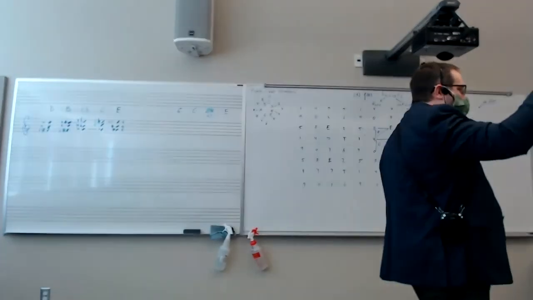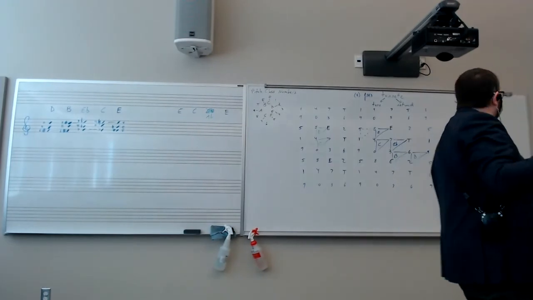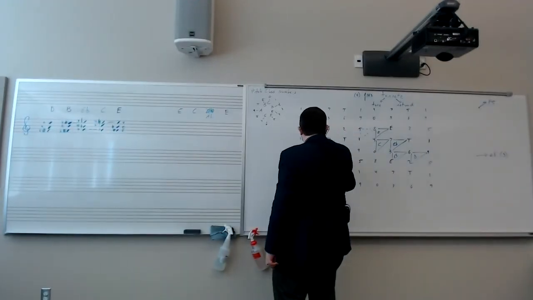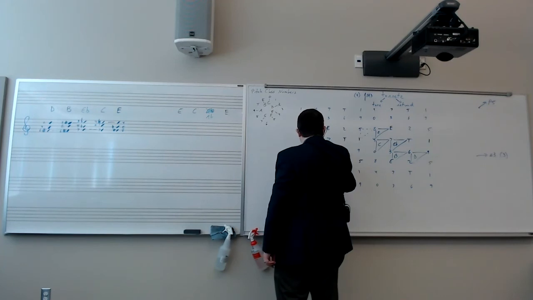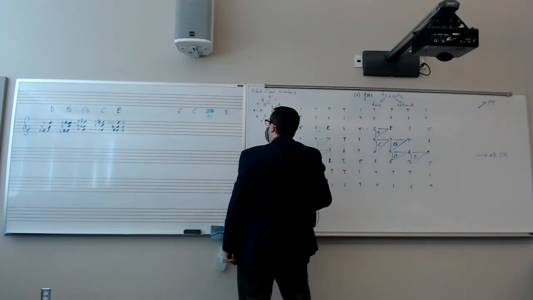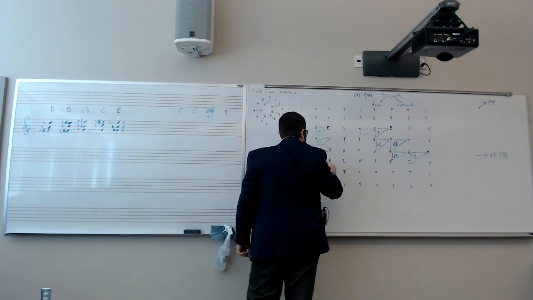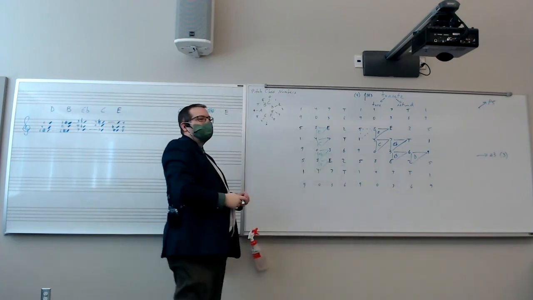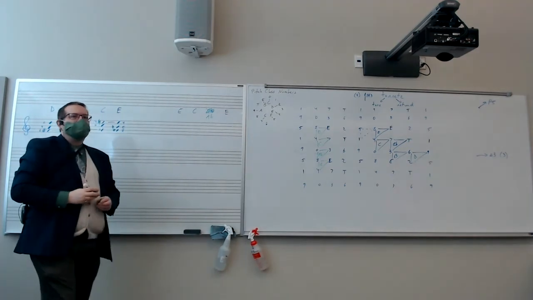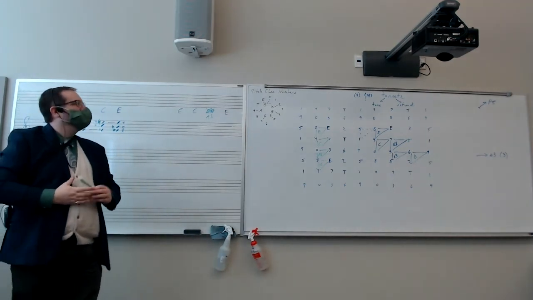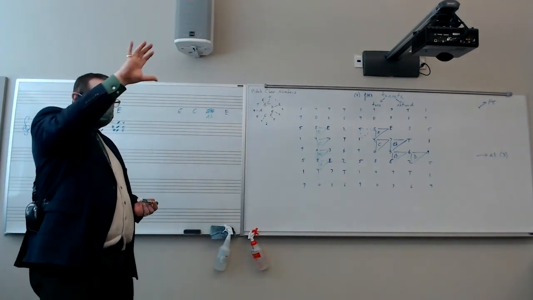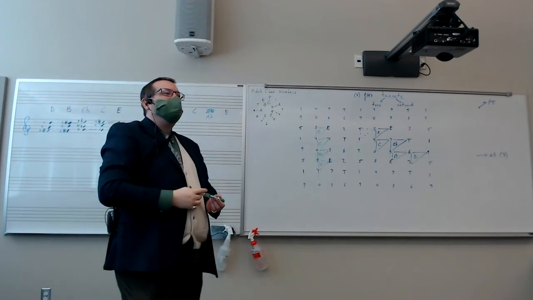E flat is 3. And of course, at the end, he came back to 4, 8, 11. There's a pattern to how Chopin went through his keys.